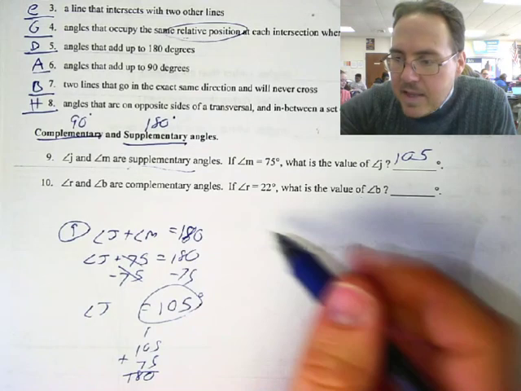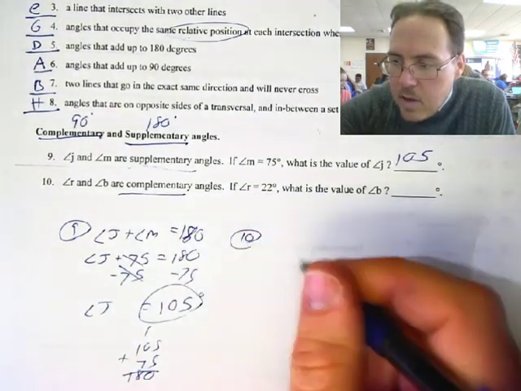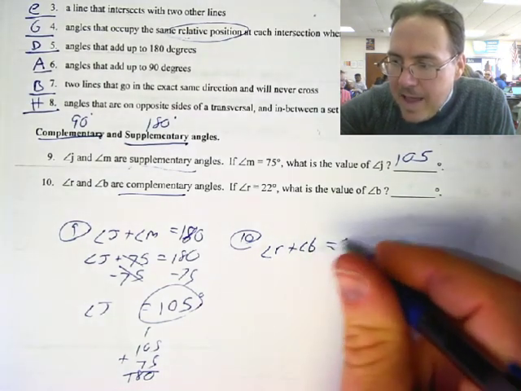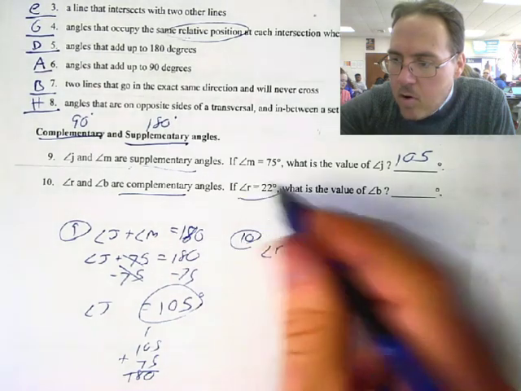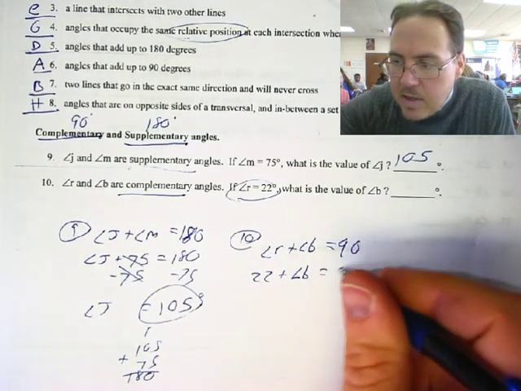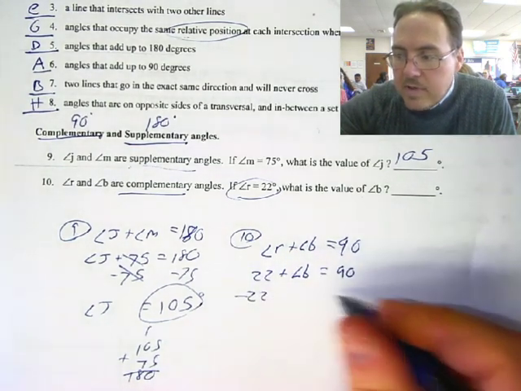Now number 10 says that angles R and B are complementary, so I know that angle R plus angle B are going to be 90 degrees. And it tells us that angle R is 22, so 22 plus whatever angle B is going to be 90. I can just subtract 22 from both sides of my little equation.